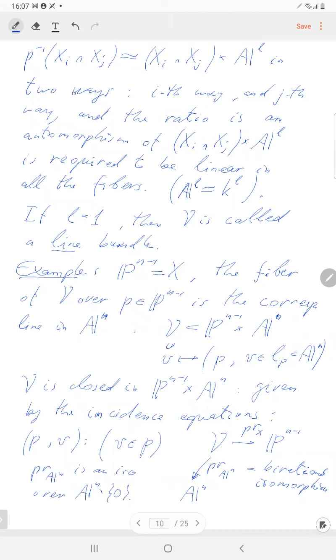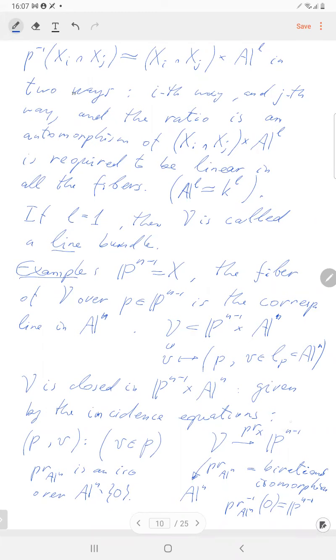And the fiber over the origin is the whole of projective space P^(n-1), just because any line passes through the origin by definition. The whole P^(n-1) is comprised of such lines.